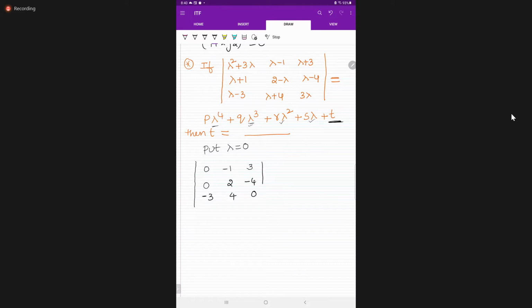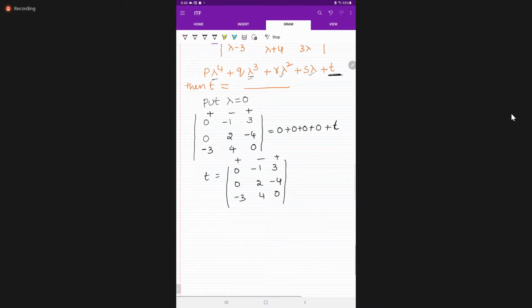See, RHS 0 plus 0 plus 0 plus 0 plus t. You want t only, no? Now tell me the answer. So t is equal to plus minus plus. 0, minus 1, 3, 0, 2, minus 4, minus 3, 4, 0. Tell me the answer, plus minus plus.